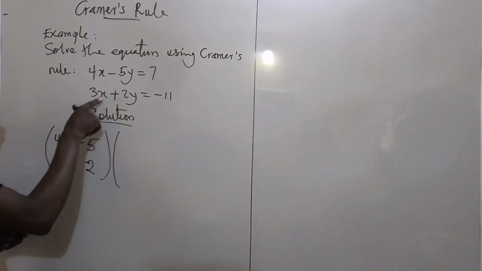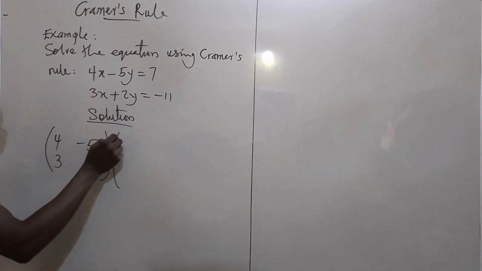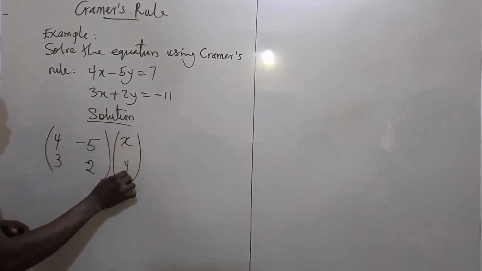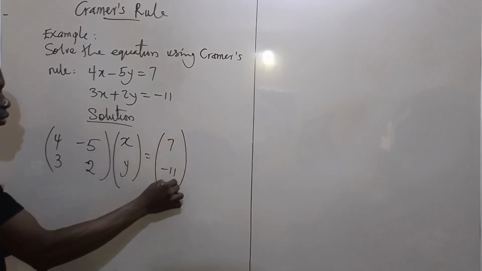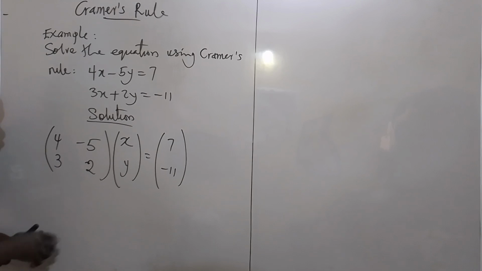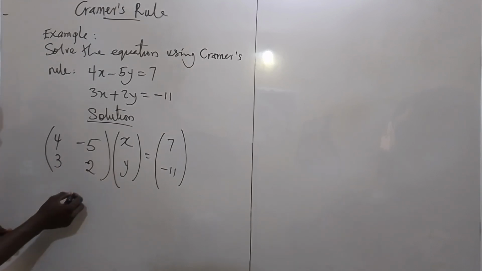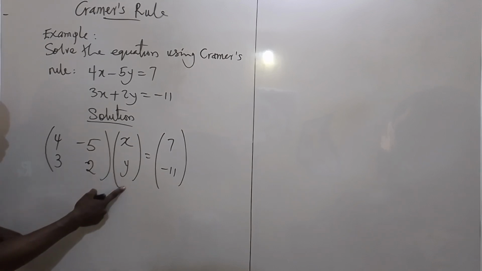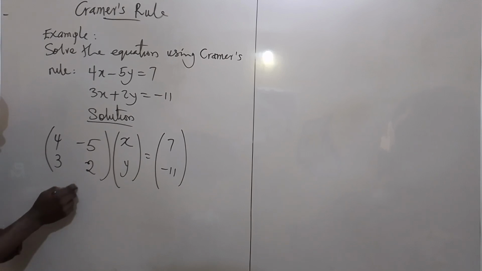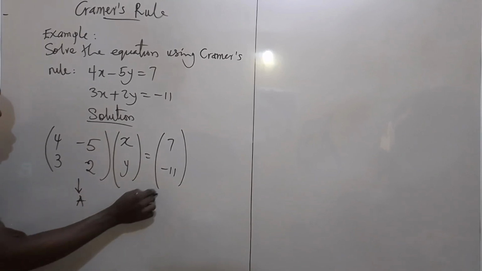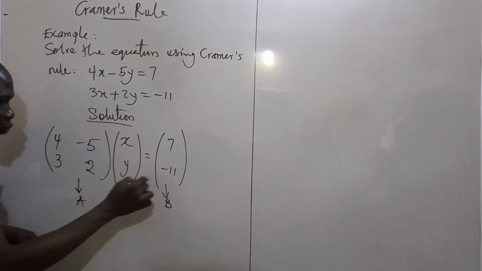So this is equal to 7, minus 11. Once we have done this, let's call this one matrix A, matrix X like usual, then the matrix B. Just for recognition's sake, this is matrix A, and I'm calling this one matrix B.